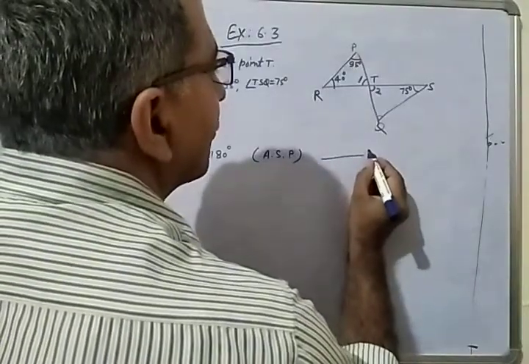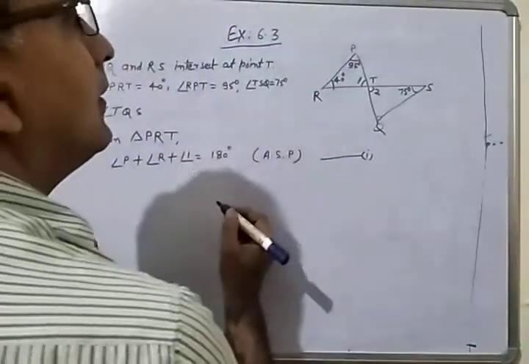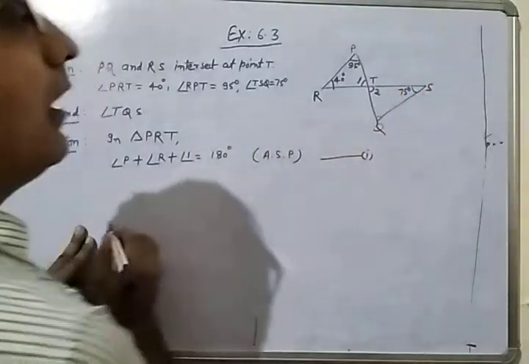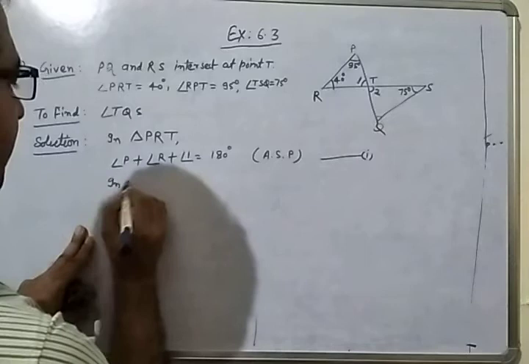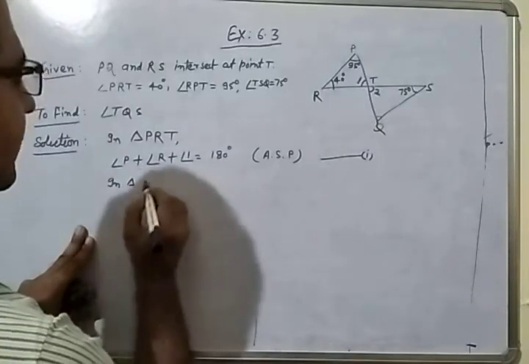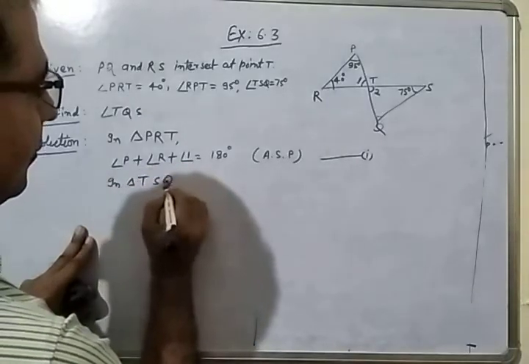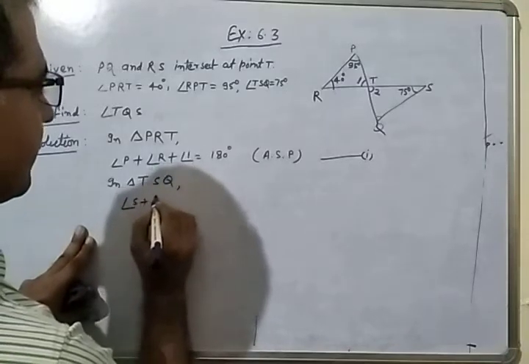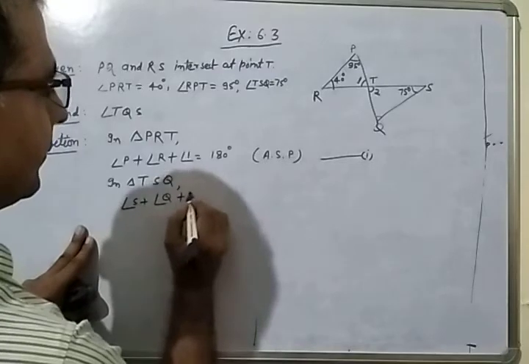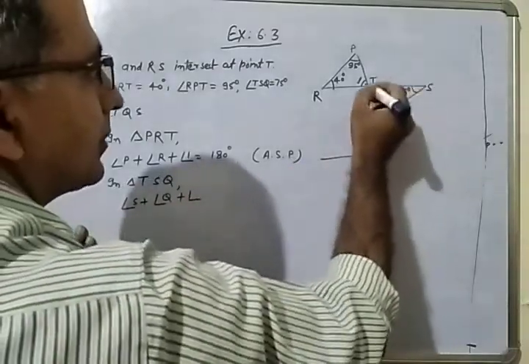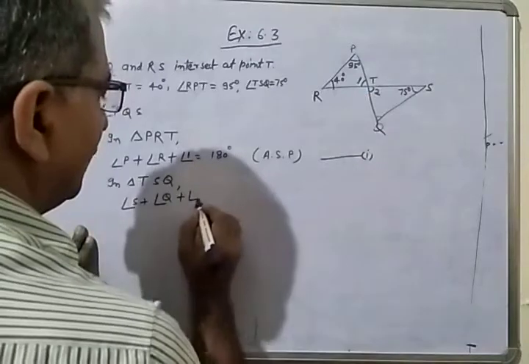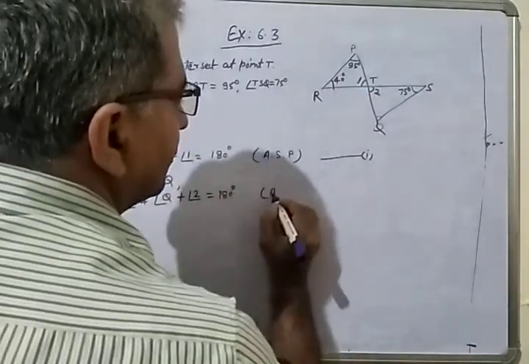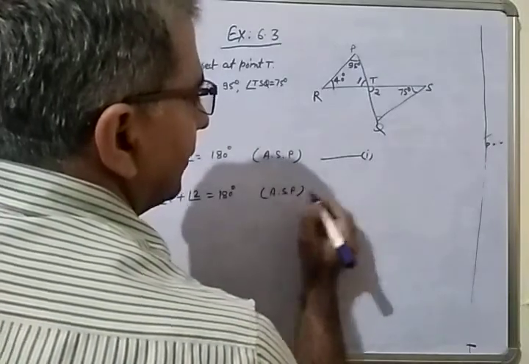This can be written as equation 1. And in triangle TSQ, angle S plus angle Q plus angle STQ, which can be written as angle 2, equals 180 degrees. This is also by the angle sum property, equation 2.